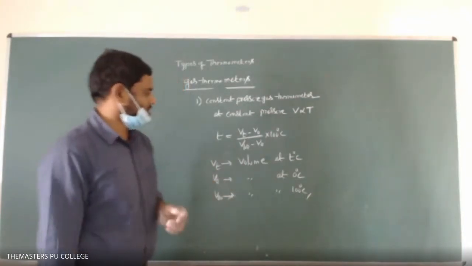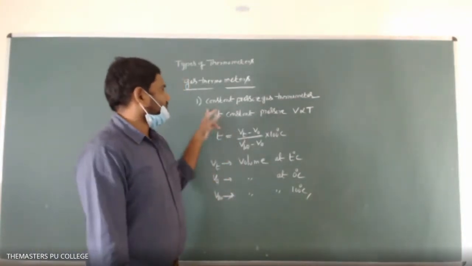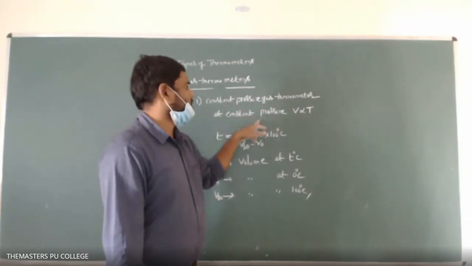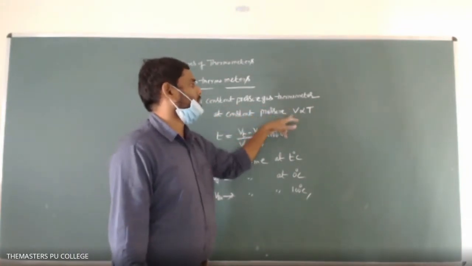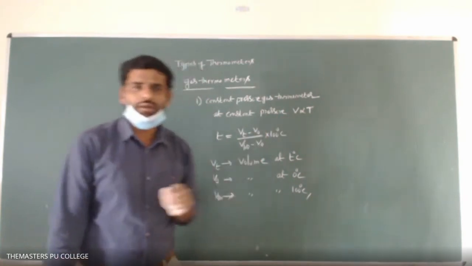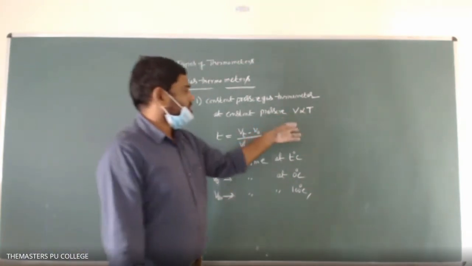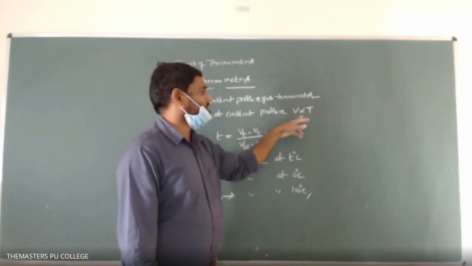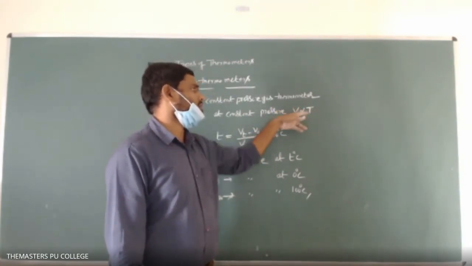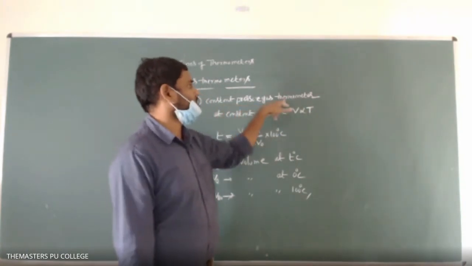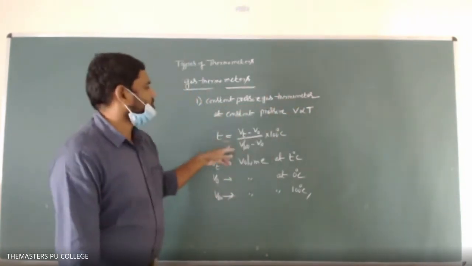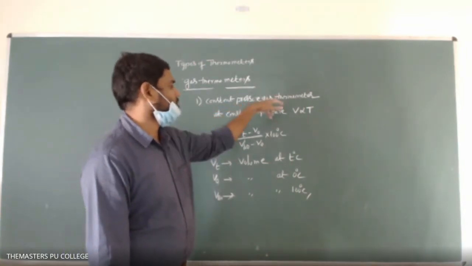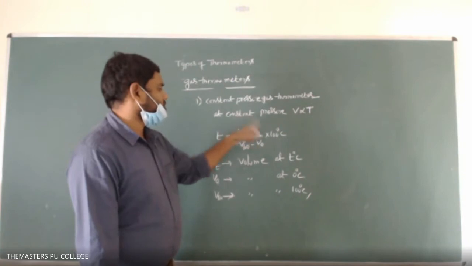So just have a look at this. The constant pressure gas thermometer works on the principle that the volume of a given mass of gas is directly proportional to temperature. As the temperature increases, the volume increases. As the temperature decreases, the volume also decreases. Based on that principle, the constant pressure gas thermometer will work. This is the formula to calculate the temperature using it.